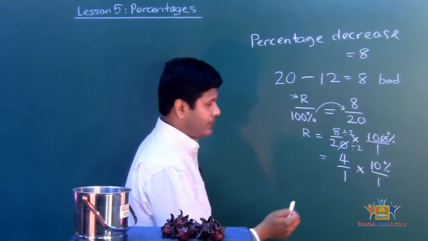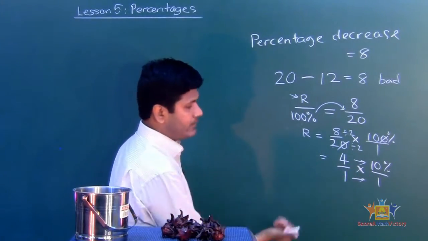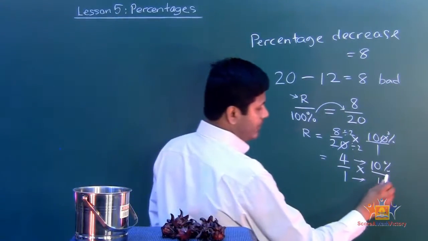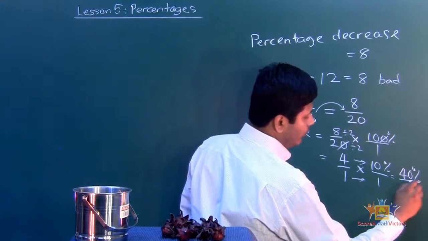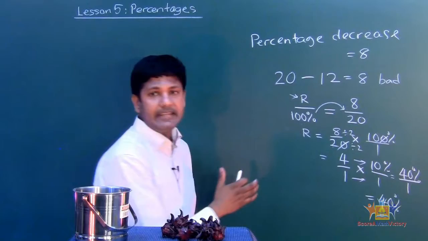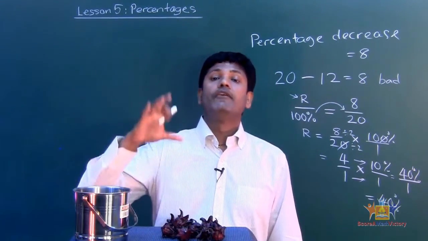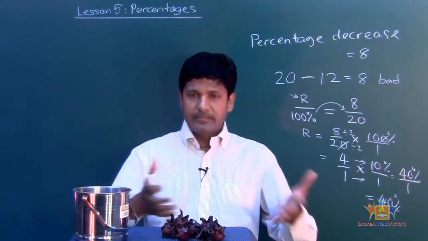So now I can use the double arrow method, because I already simplified it and there's nothing more I can simplify. So 4 times 10% is 40% over 1, which is 40%. So the percentage decrease is what? 40%. Okay? So that's it right there.